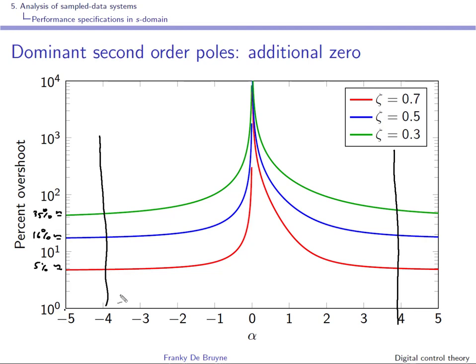Of course, when alpha is decreasing in modulus, so if you go in this direction or in this direction, you can see that the effect of the zero becomes larger and larger, and becomes dramatic when alpha is close to 0.